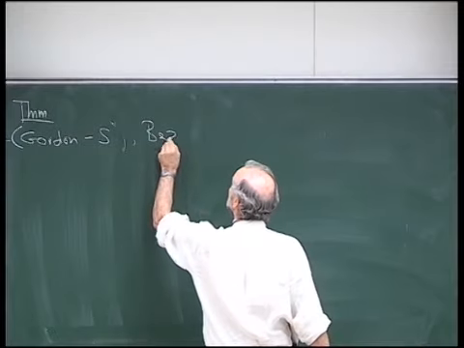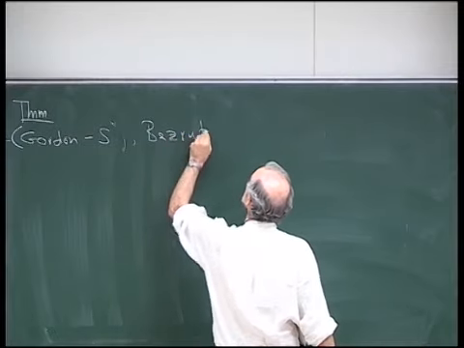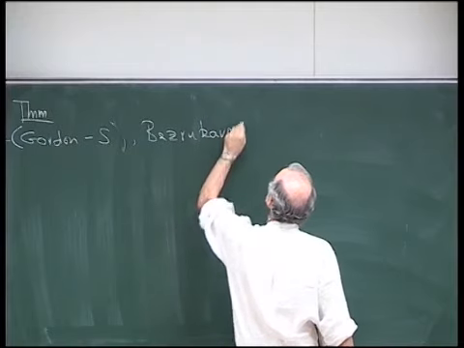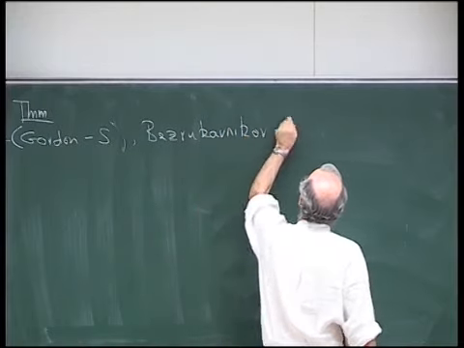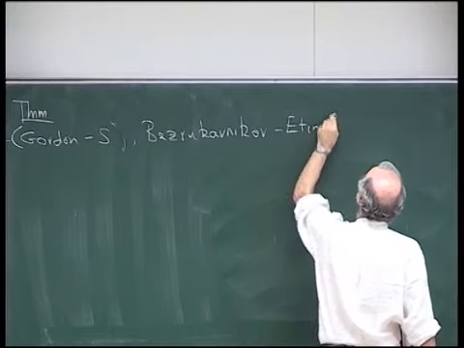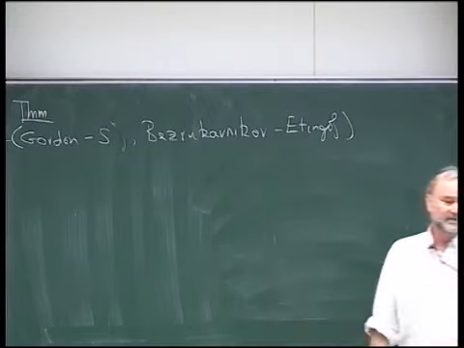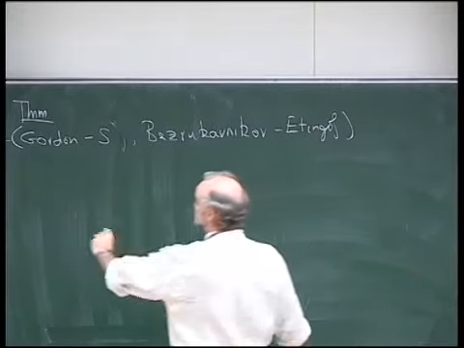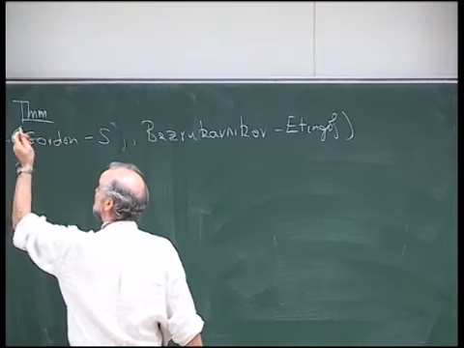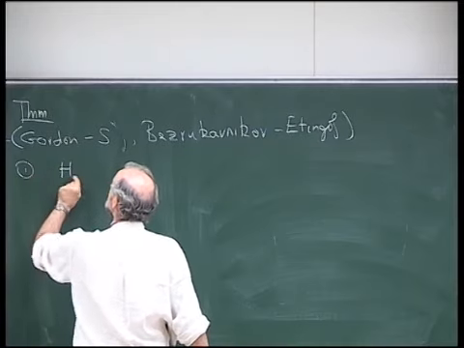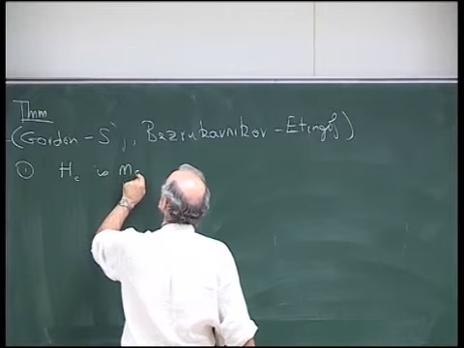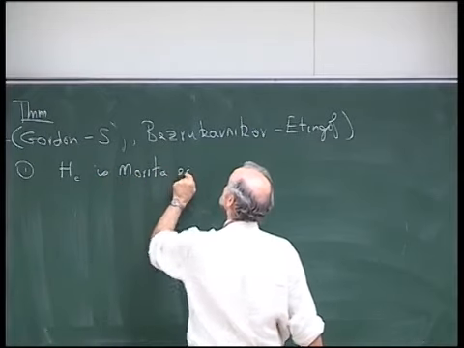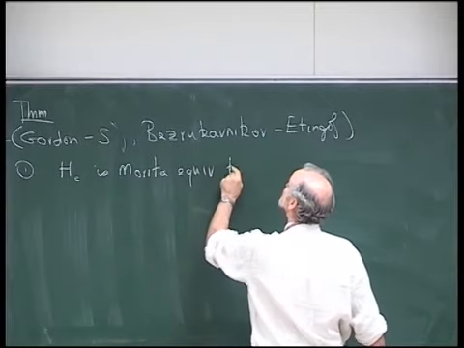That's been removed by work of Bezrukavnikov and Etingof in the paper that was mentioned, in fact, by Ian, which states that under our assumptions, HC is Morita equivalent to UC.